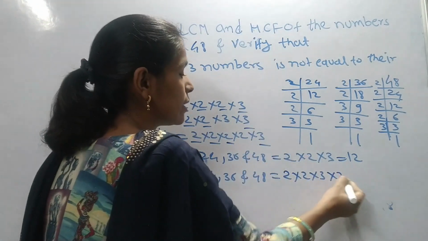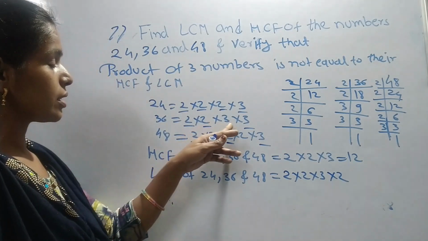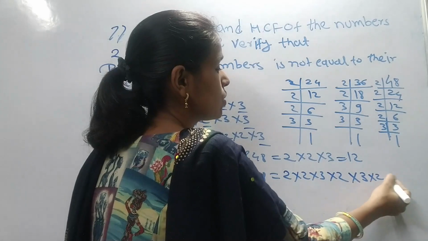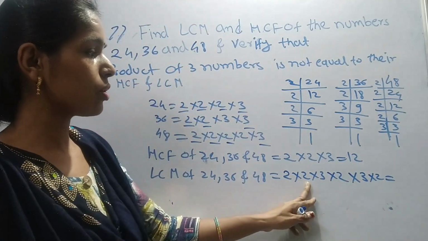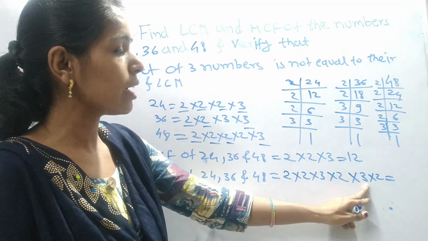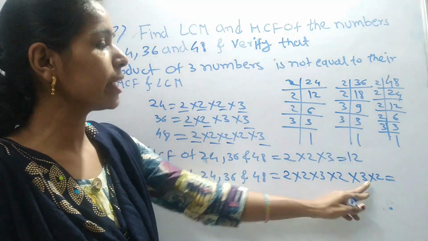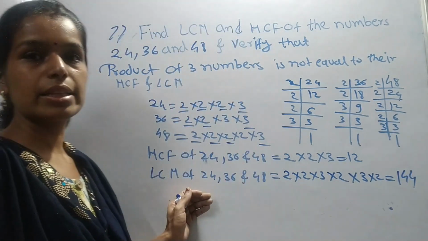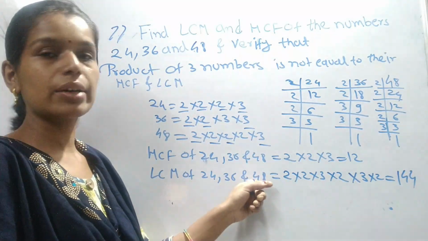So write it. Now the uncommon factors: this 3 remains and this 2 remains. So write them. Their multiplication: 2 2s are 4, 4 3s are 12, 12 2s are 24, 24 3s are 72, 72 2s are 144. So 144 is the LCM of 24, 36 and 48.